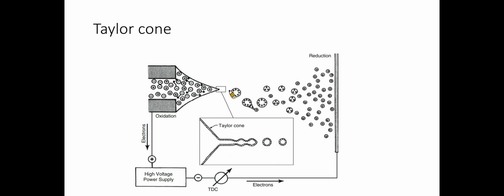At high field strength, it immediately starts ejecting a fine jet of liquid from its apex towards the counter-electrode or heated capillary. This charged jet easily breaks up into small droplets.